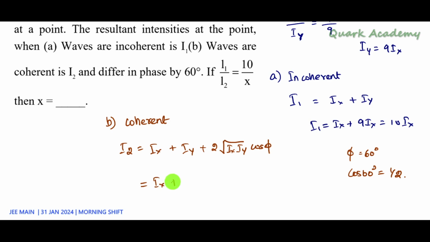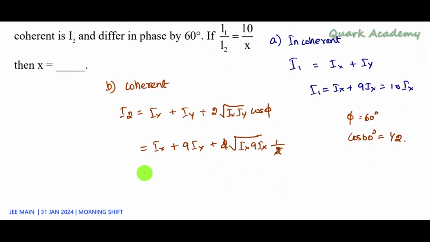So let's substitute: Ix plus 9Ix plus 2 root of Ix into 9Ix, into 1 by 2. This 2 and 2 get cancelled, and we are left with Ix plus 9Ix plus root of 9Ix squared. When you take the square root, you will get plus 3Ix. So this becomes 13Ix, which is our I2.